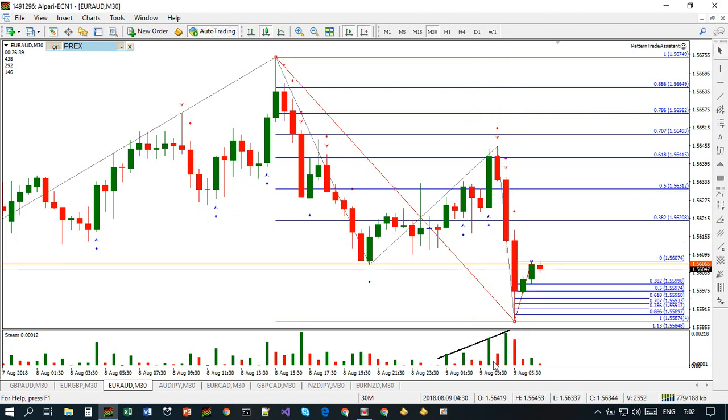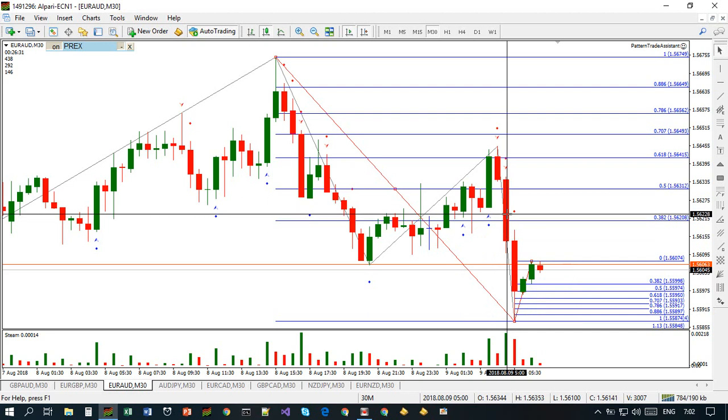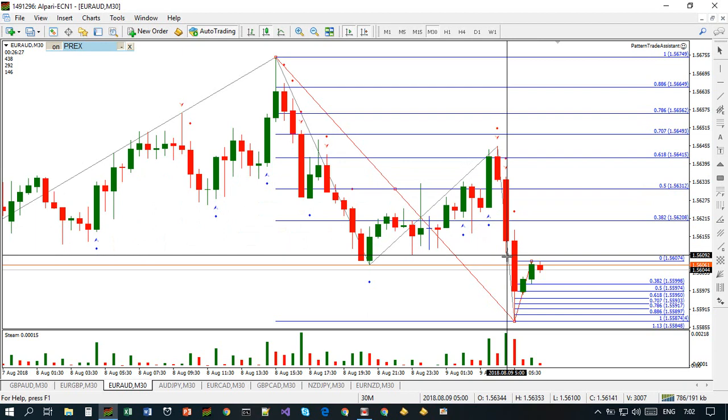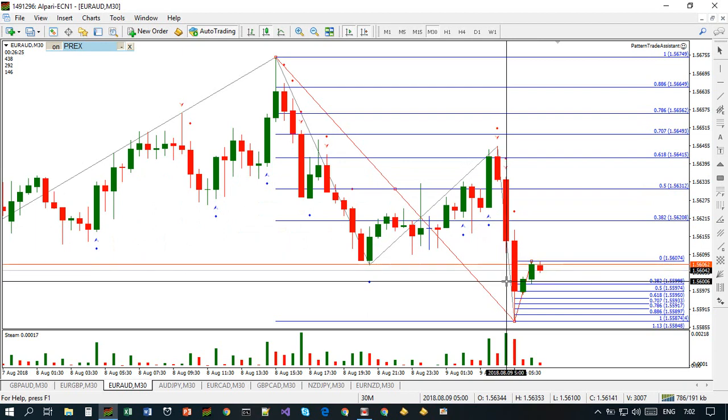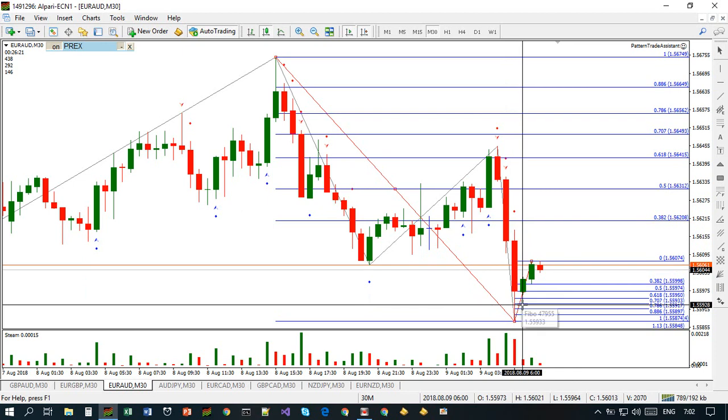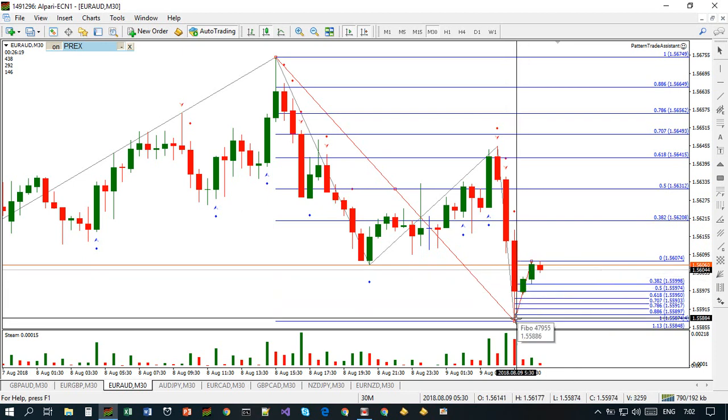And now what we have right now is this current situation. After this long candle to the downside, after this great power to the downside, we have smaller power, and now we have some power moving to the upside.